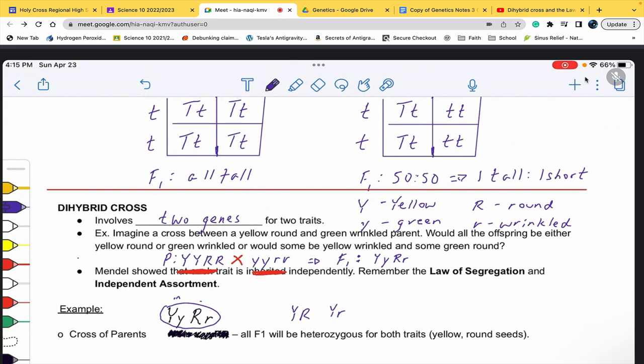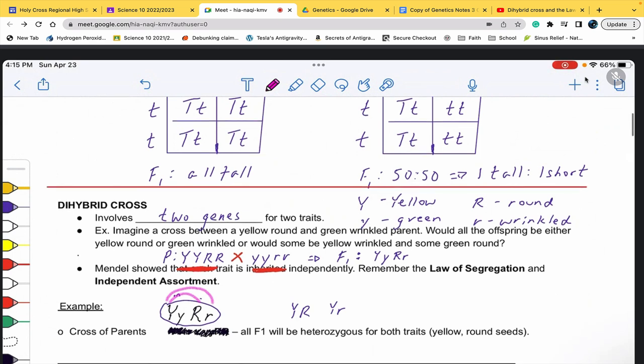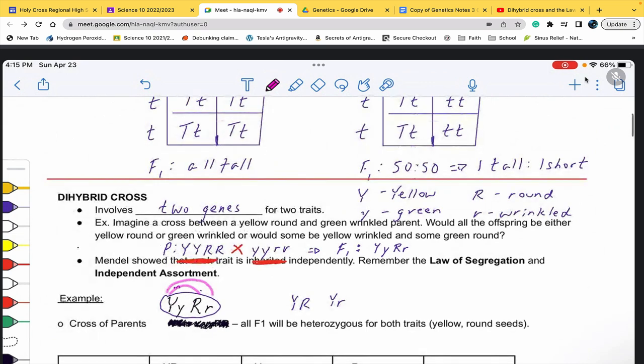So I'm starting off using a FOIL rule. Big Y, big R, that's the first contribution. And then big Y, little r, it's the second contribution. And what are the other combinations? Well, other combinations are little y, big R.